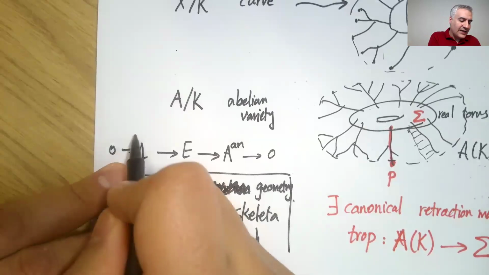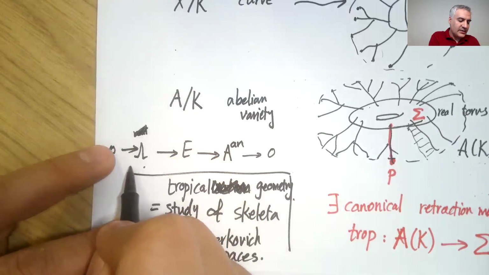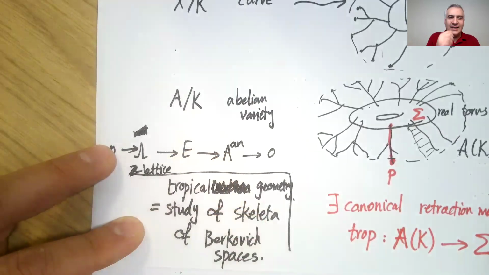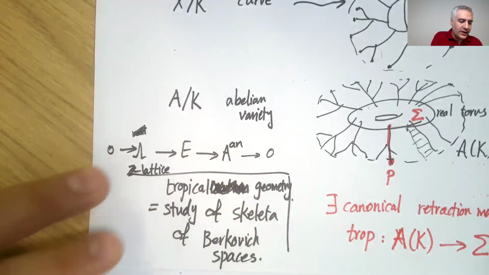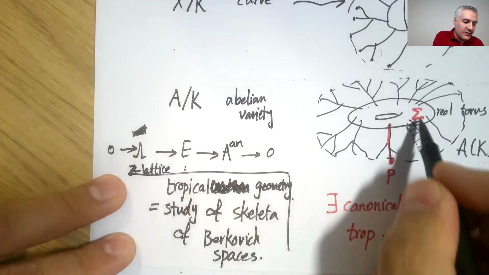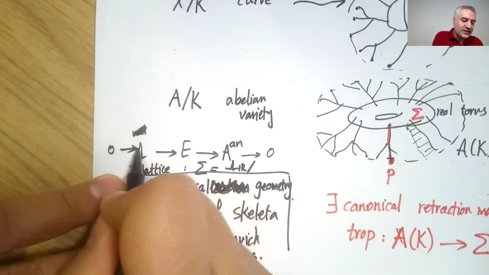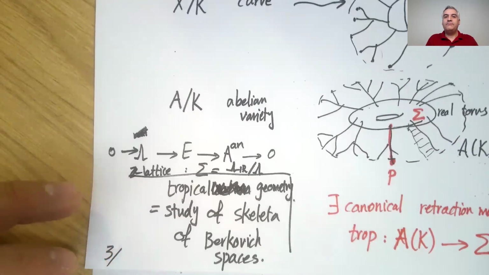This is some kind of a real lattice, or integer Z lattice. And more or less, at least in the case of, say, principally polarized, you can think of this sigma as being the ambient vector space of this lattice modulo the lattice itself. So you get a real torus out of that.